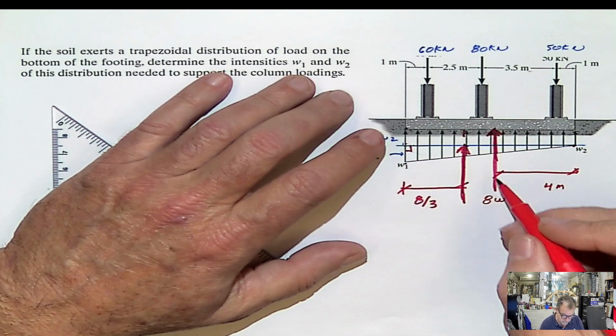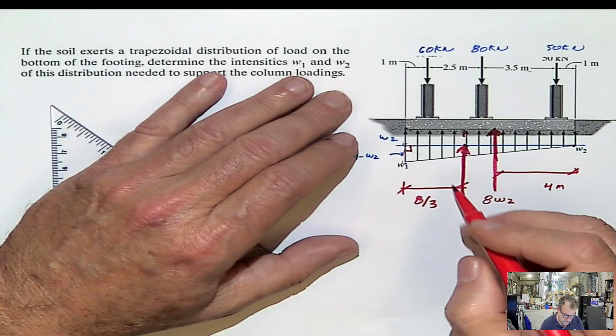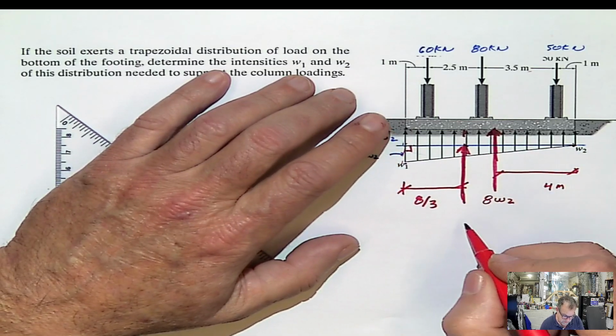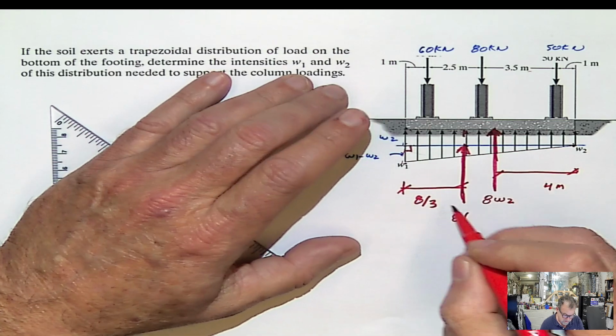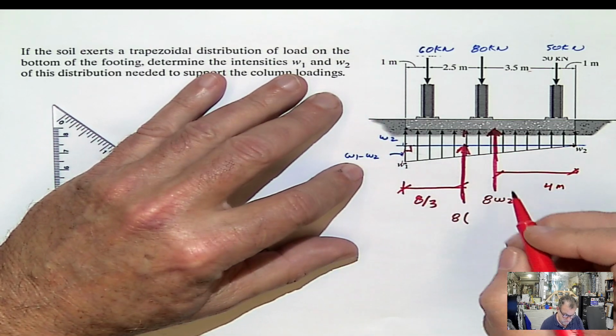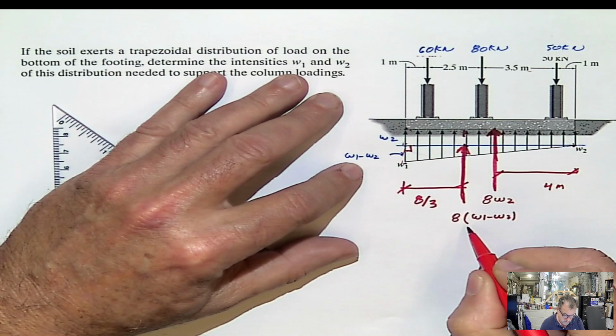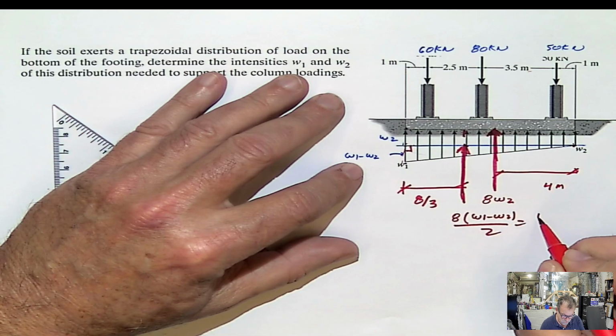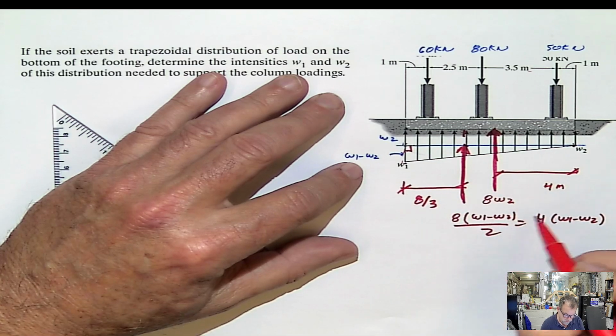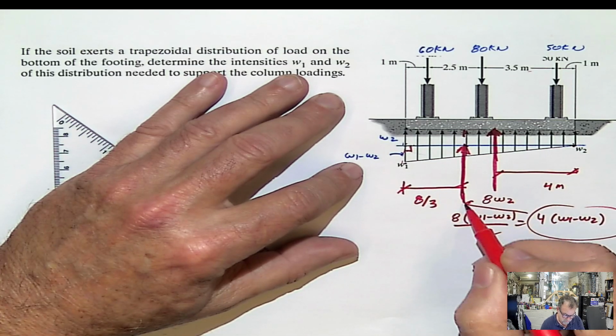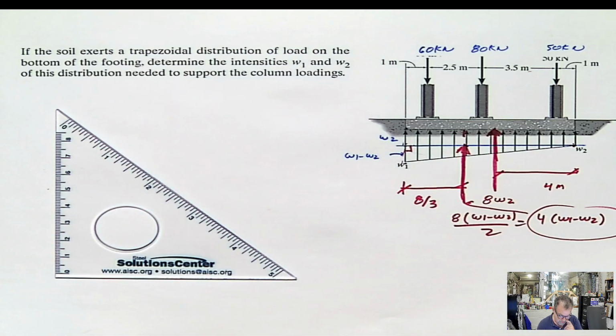The value for the force will be the height times the base over 2: 8 times W1 minus W2, divided by 2, or 4 times W1 minus W2. That will be this force. Now we have everything that we need.